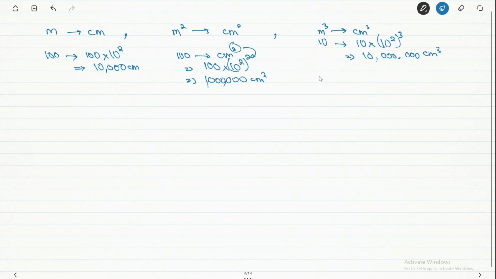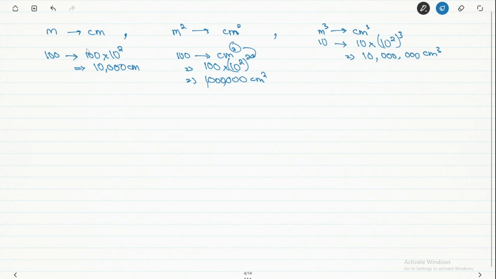So this is how you convert to a squared value or a cubed value, because some of your formulas contain squared and cubed values, so you need to know how to convert them into standard units. Here I'm not converting to a standard unit, but in your exam you'll most probably be converting to a standard unit, right?